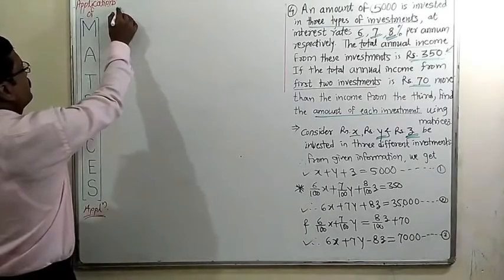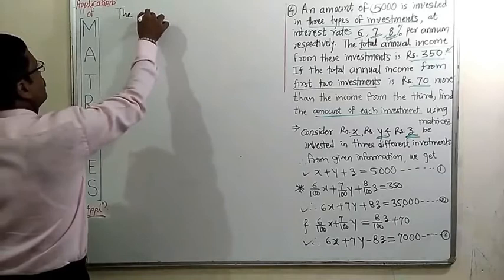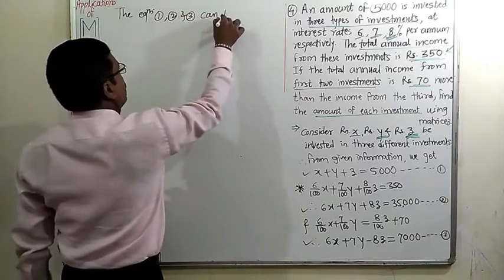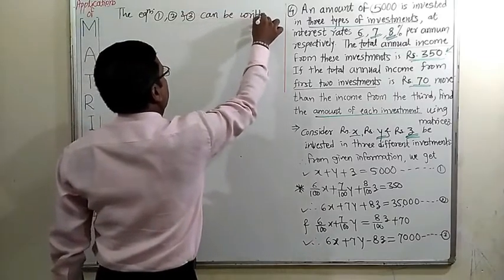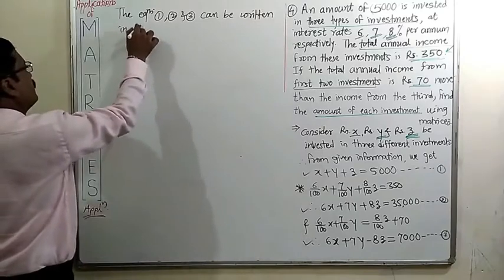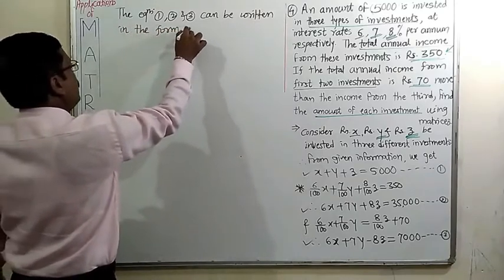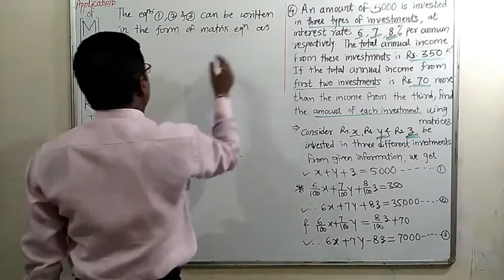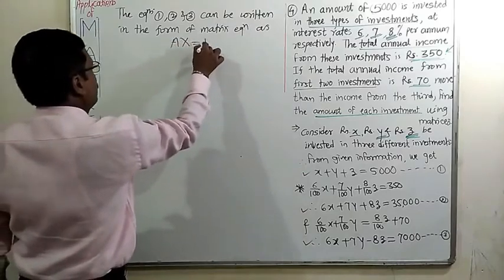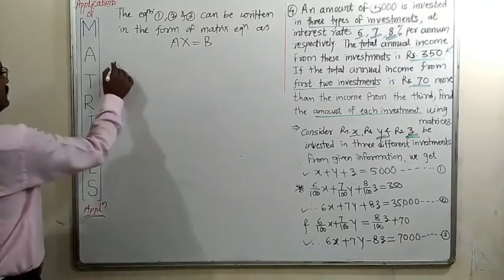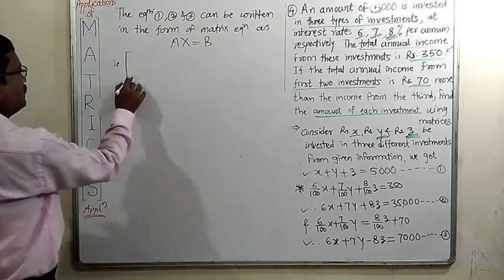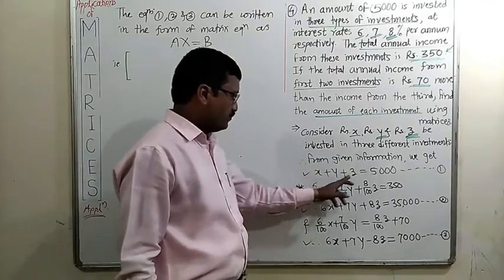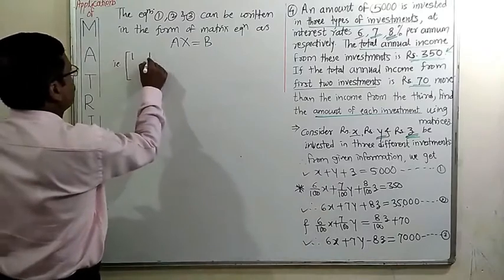So the equations 1, 2 and 3 can be written in the form of a matrix equation as AX equal to B, where A is the matrix of coefficients of these variables in these three equations. Here the first row is 1, 1, 1.